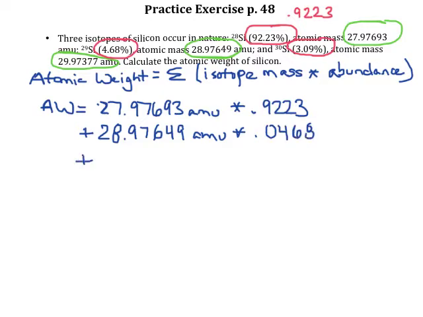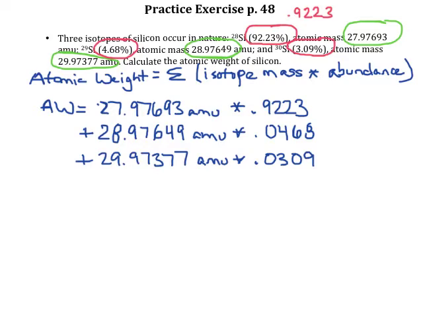And then the third one has a mass of 29.97377 AMU, and an even smaller abundance, 0.0309. Okay, so essentially we're going to have 3 different components. We're going to need to do the math for those and then add them together. Remember that this is a sum of all of the isotopes that occur.